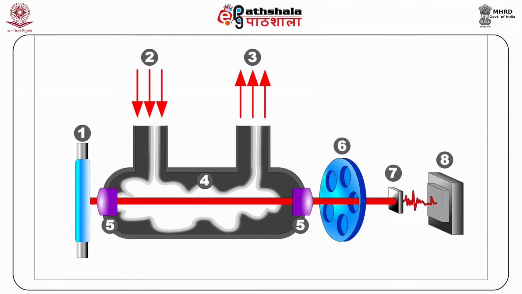The device contains a source of IR radiation like a lamp generating an IR beam. The IR beam is made to pass through the chamber containing sample and is then focused on a rotating filter wheel with the help of a lens.